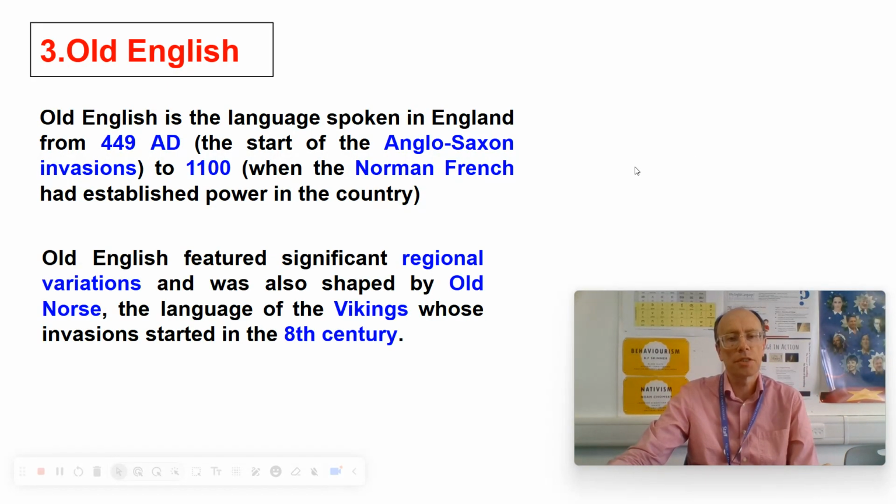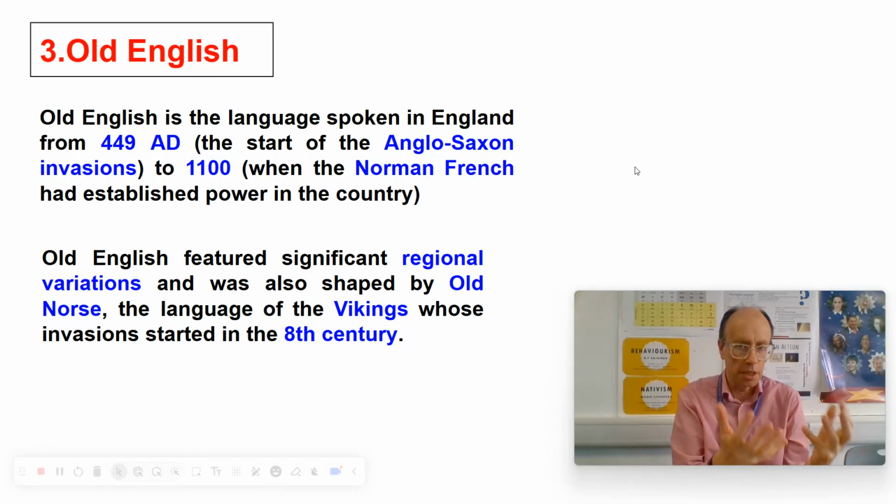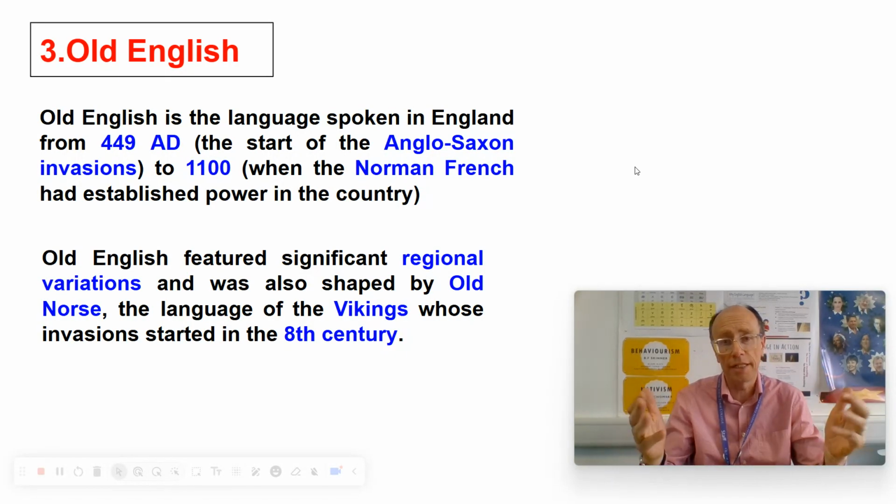That is Old English. And in that time, Old English featured significant regional variations, so that if you were up in Northumbria, your English would be very different from Mercian English, which is the current day Midlands, which of course would be completely different from Kentish English down on the southeast coast. So lots and lots of regional variations.